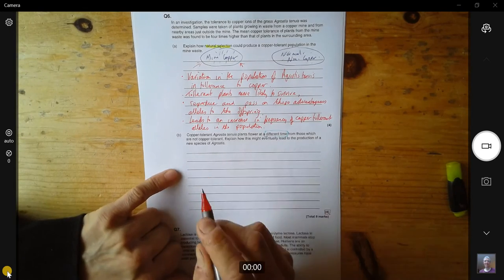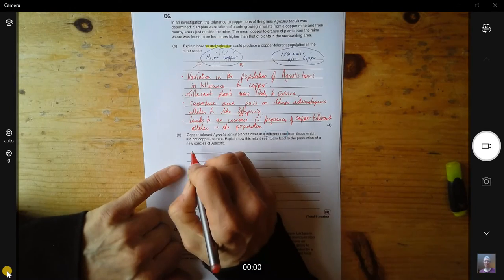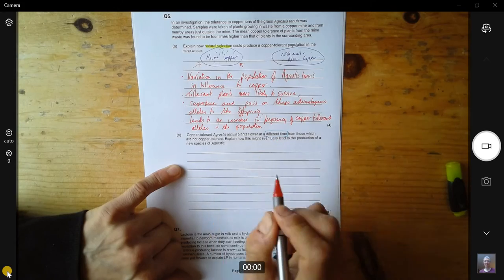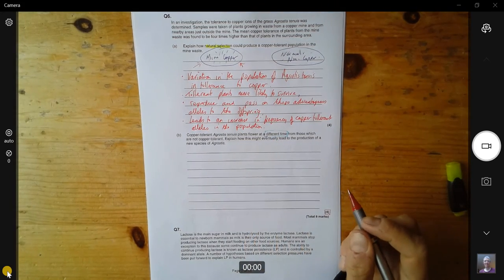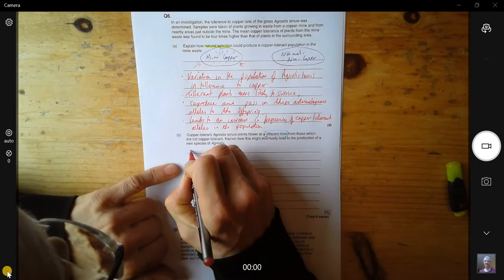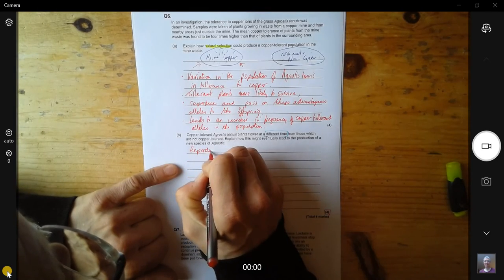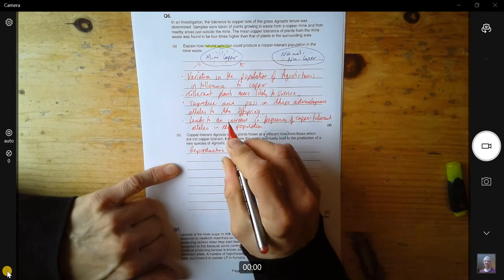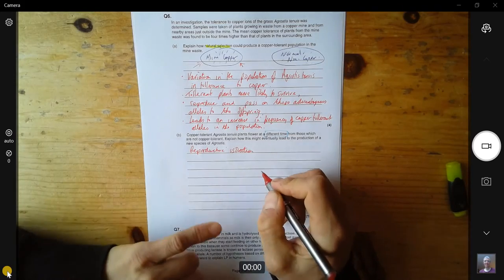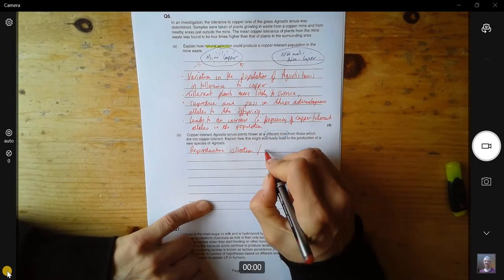So first of all, I'm going to talk about these being reproductively isolated. So either with sympatric or allopatric, you're going to lead to reproductive isolation. So reproductive isolation, that means no interbreeding.